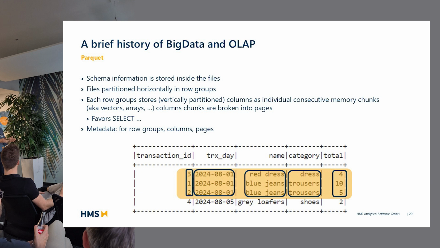And as I said, this type of storage allows you, if you want to access only a subset of columns, to read only this subset, which will increase your I/O throughput and your speed. Additionally, this organization allows you to use some lightweight compression if you store these chunks of arrays.